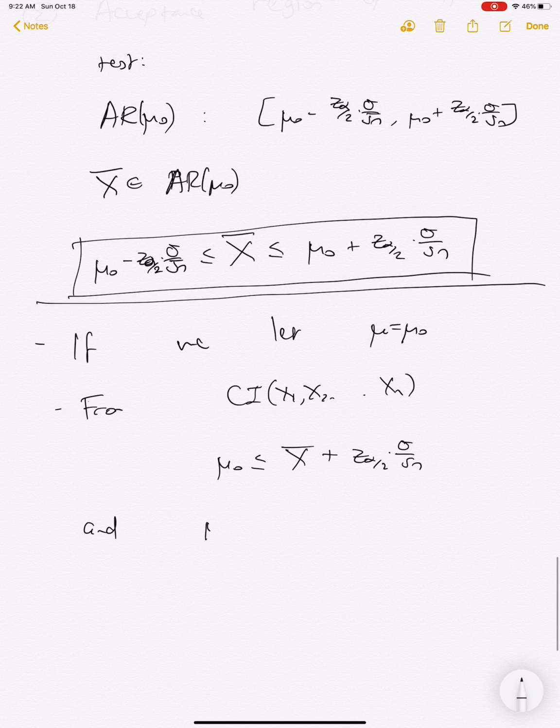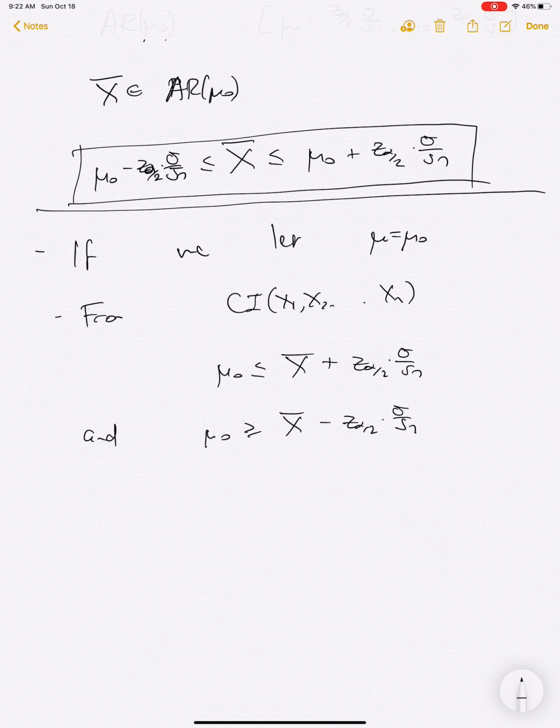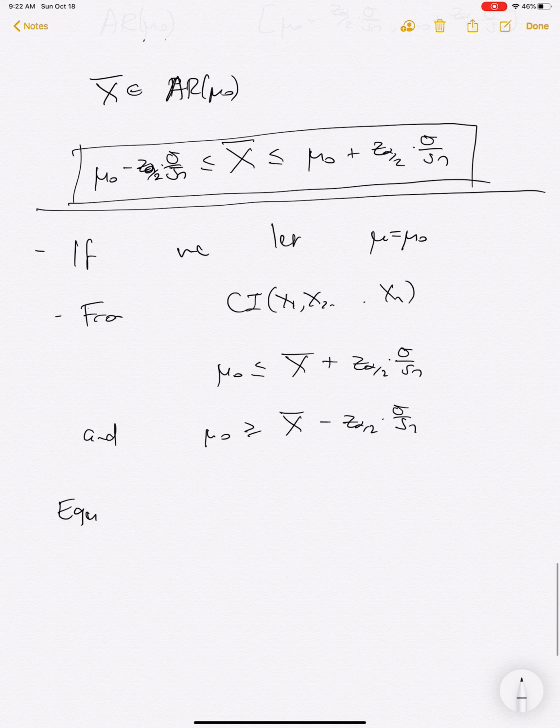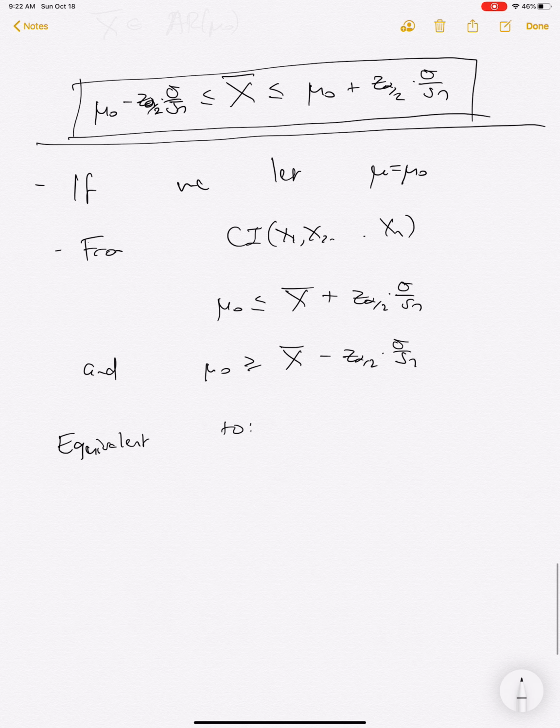And mu0 is greater than or equal to x bar minus z alpha over 2 times sigma over square root of n. And if we do some rearrangement, if we look at the first example, we can say that this is equivalent to x bar is bigger than or equal to mu0 minus z alpha over 2 times sigma over square root of n.